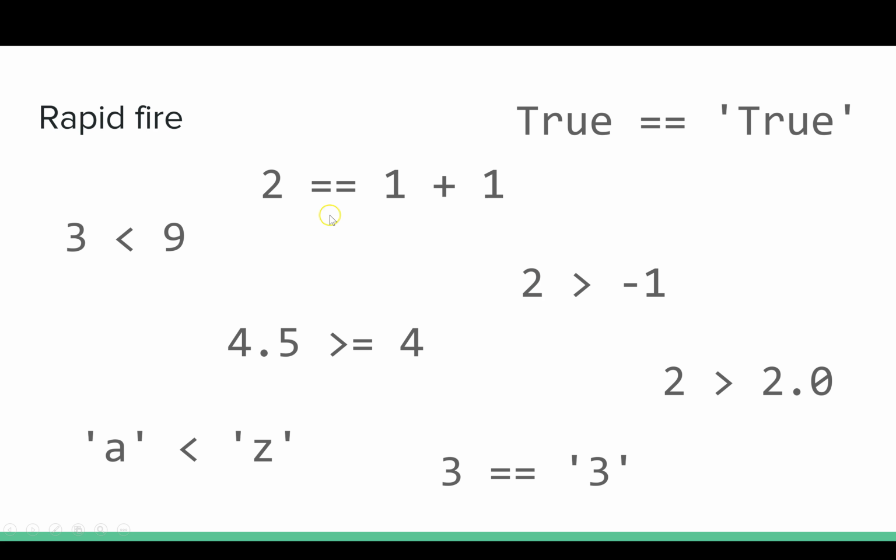It is interesting: 2 equal to 1 plus 1. What do you think? In this case, the arithmetic operators like plus and minus have higher priority. So first we evaluate 1 plus 1, which is 2. And yes, 2 equals 2, so this answer is true.